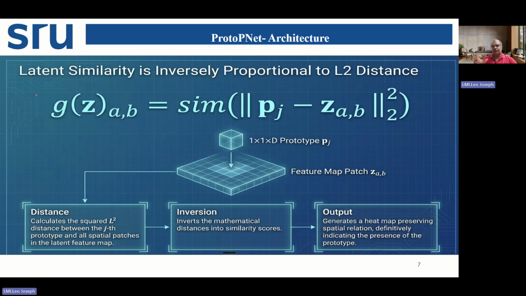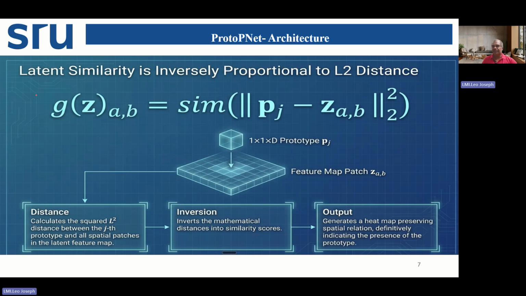We are finding the similarity between two cases: the smaller the distance, the higher the expected score. So we calculate the L2 distance between the jth prototype and the already trained spatial patches of the input, and invert the mathematical distance into similarity scores.